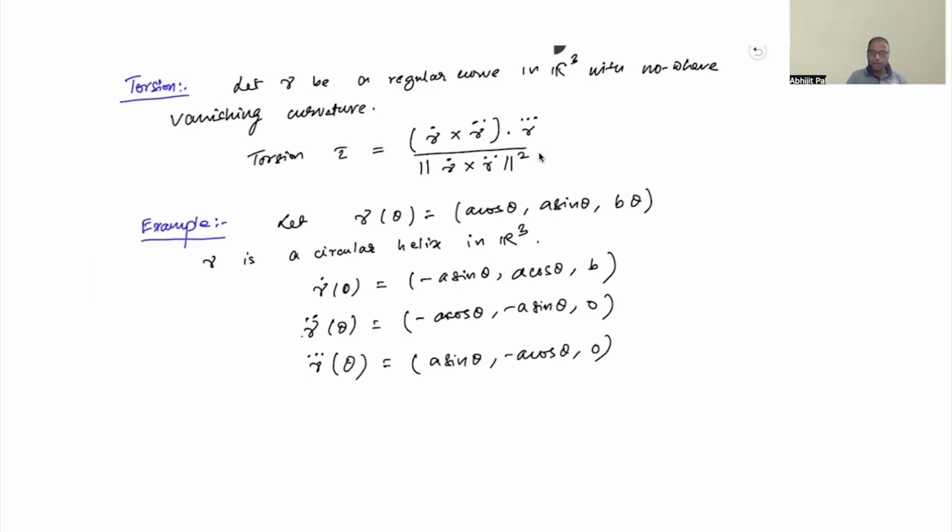Now from this formula, what you'll get is tau equal to b divided by a square plus b square.